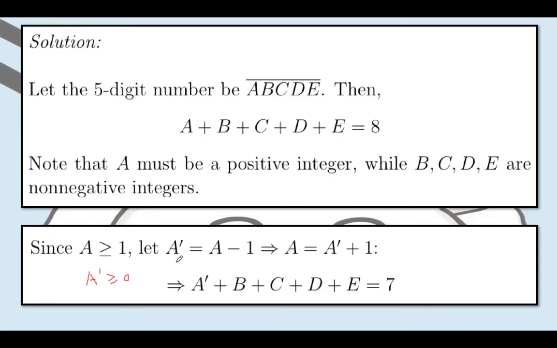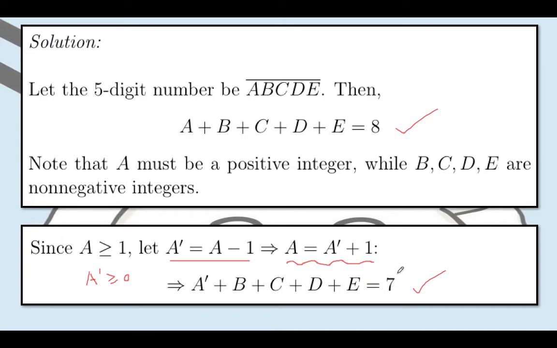Since A prime equals A minus 1, we have A equals A prime plus 1. We substitute A as A prime plus 1, and we end up with this equation: A prime plus B plus C plus D plus E equals 7.